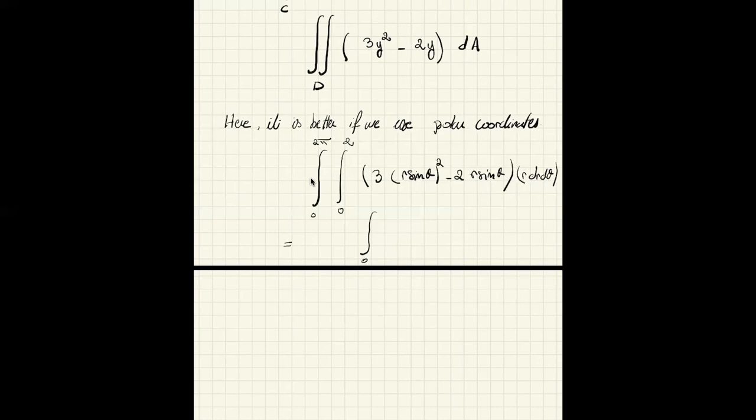If I integrate with respect to r, it's a polynomial, so it's 3 over 4 r to the 4th sine squared theta minus 2 over 3 r cubed sine theta, r between 0 and 2, theta between 0 and 2 pi.